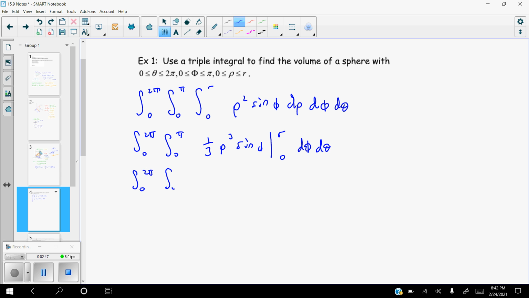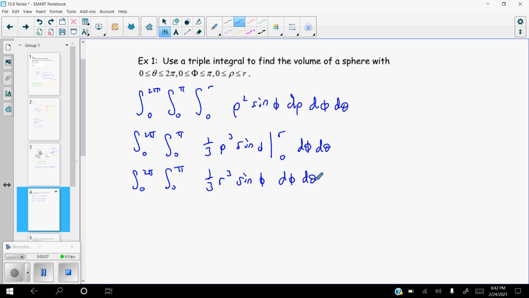All right, so let's rewrite our integrals here. Let's plug in r for rho, so we get 1/3 r cubed sine of phi. And if you plug in 0 for rho, you get nothing out of that. So that's done.